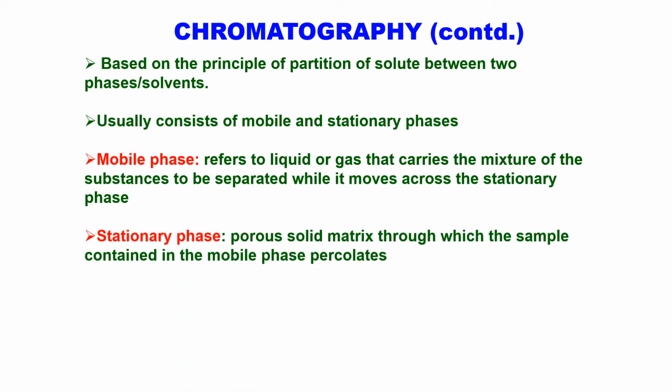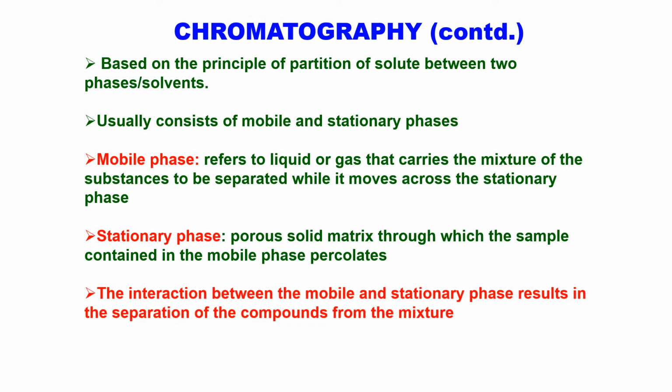And the stationary phase provides the basic medium through which the mobile phase moves, and the sample also moves along with the mobile phase. So the interaction between the mobile phase and the stationary phase and the molecule which has to be separated forms the basis of chromatography.